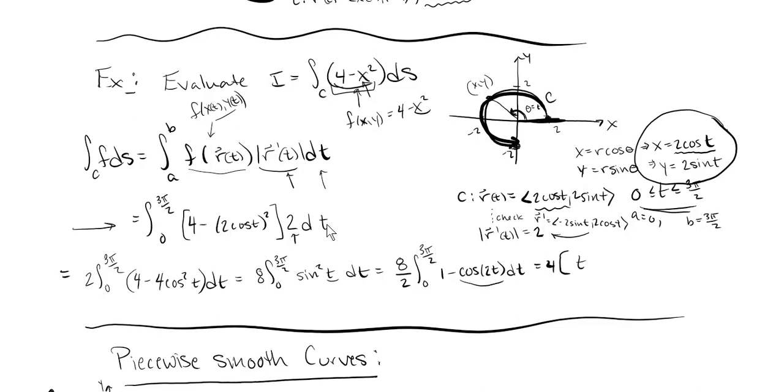Negative cosine of 2t, I believe, makes minus 1/2 sine of 2t, dt. Okay, and we need that evaluated from 0 to 3 pi halves.